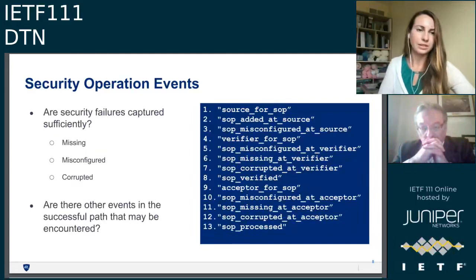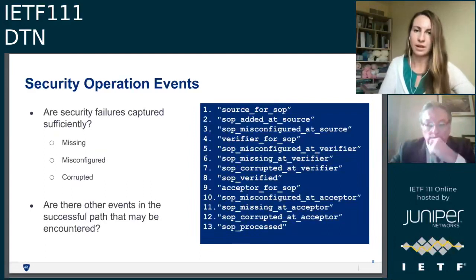So there is some processing of the bundle contents. The representation of the security operation within the bundle would be the security block. So we get as far as identifying that the security block is missing or its intended security target block is missing.